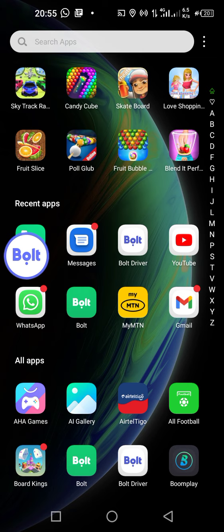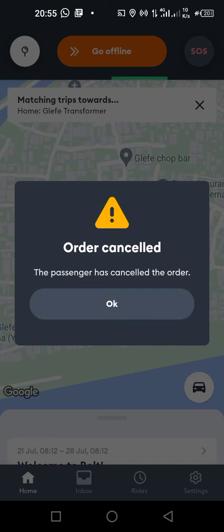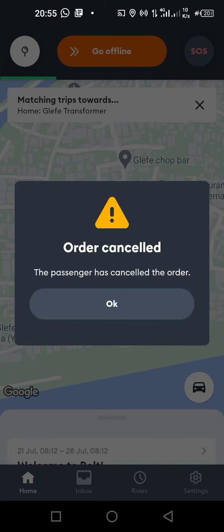What is cancellation? In this episode or tutorial, we will learn about what cancellation on Bolt is. Cancellation can be done either by the driver or by the passenger, the rider. In some instances, the network can also cause a trip to be cancelled.